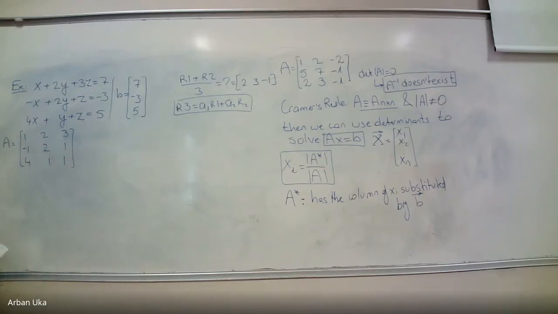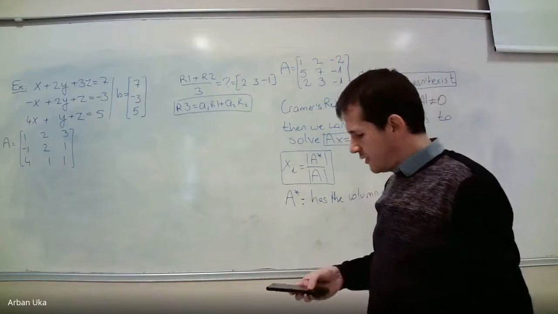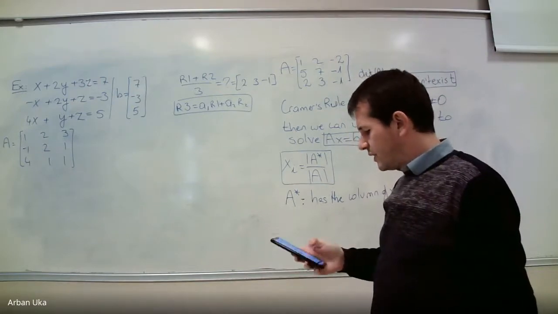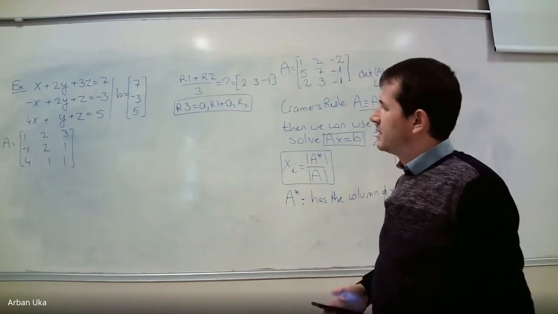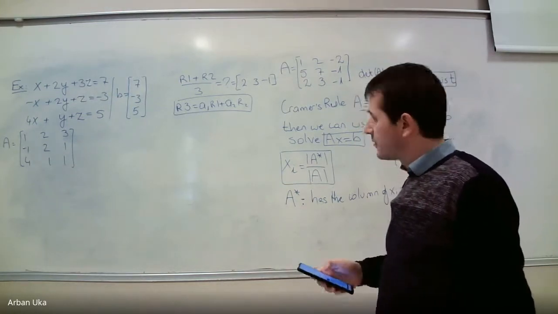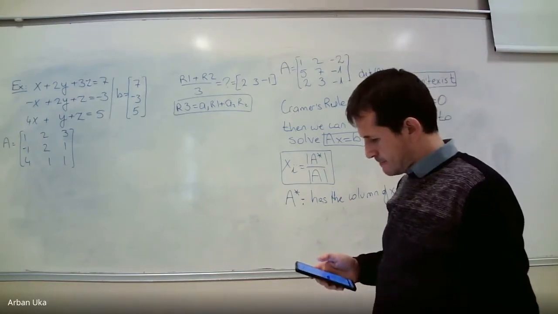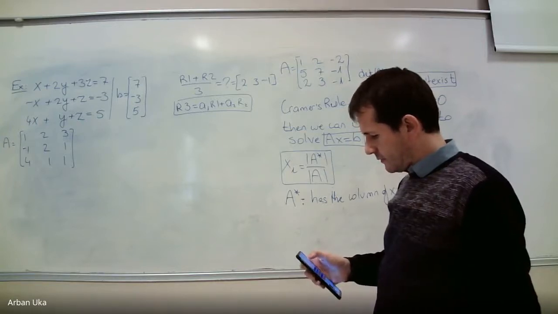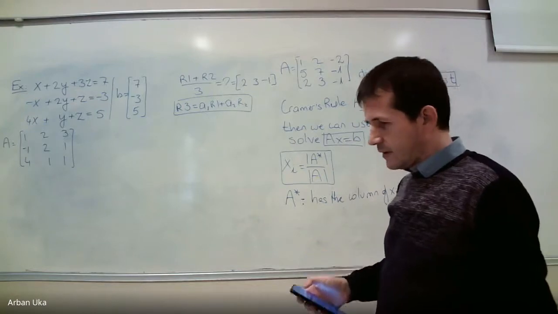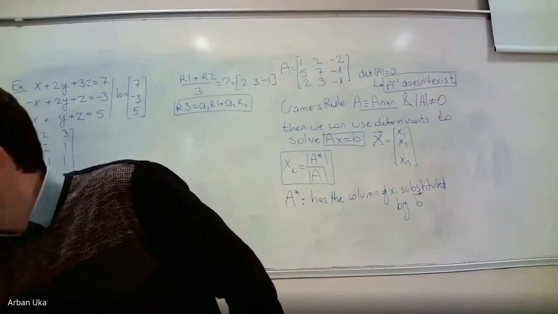In order to check for possible solutions, the first thing that we do is check the value of the determinant. Can you check whether the determinant is 0 or something else? What do you get for the determinant of A?